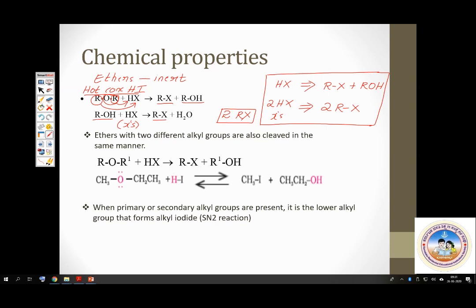How do we cope with ethers with 2 different alkyl groups? Then how do you decide which R group forms the alkyl halide, which R group forms the alcohol? For that, please pay attention to this important idea here. This is very, very important.